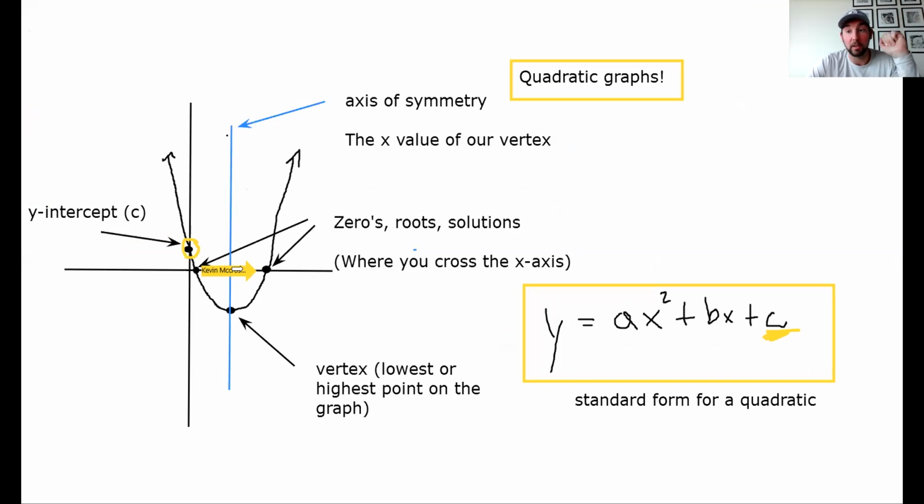Some of them might only touch one time, or some might not touch at all. If that's the case, there's no zeros. And by touch, I mean touch the x-axis. The last one I want to identify is the vertex. So you have to identify a maximum of 4 points on the graph. That is your homework for this week on top of the homework from Mr. Hecox.